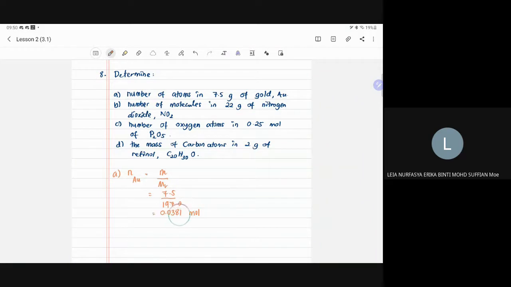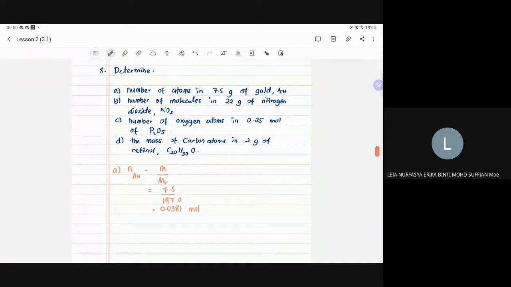Kalau kamu tengok dekat sini, in this one, the number of significant figure dia ada 3, 1, 2, 3. The first non-zero dalam decimal point. Okay, 1, 2, 3. And here you have 4 decimal places lah. So it's best to keep it like this.